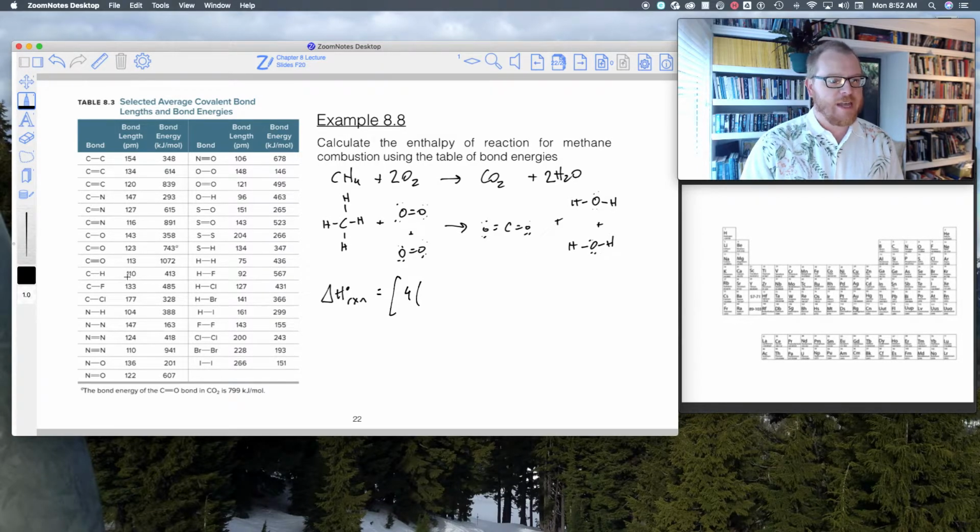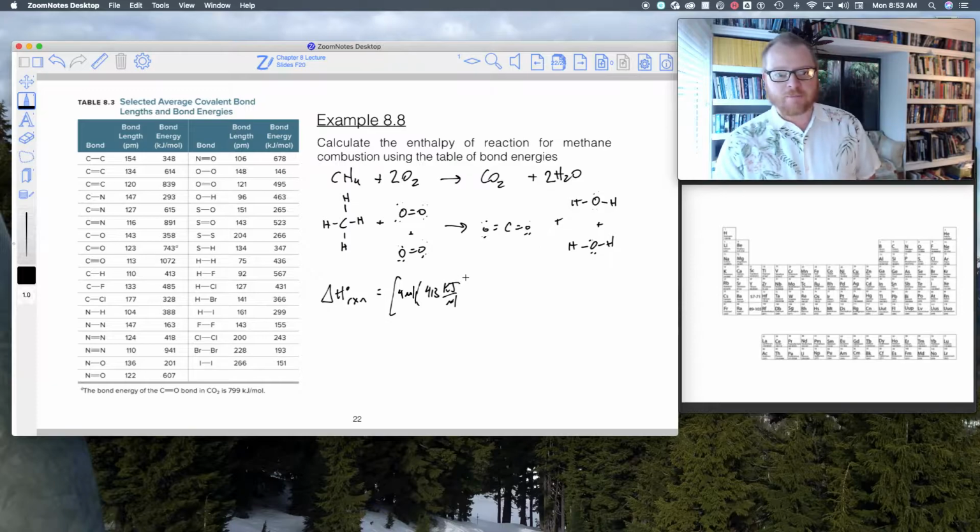Here we go. C-H is 110 picometers and it's 413 kilojoules per mole. Okay, and so let me put the unit in front of that 4 so we recognize, so 4 moles, right? The mole and the mole are going to cancel, okay?